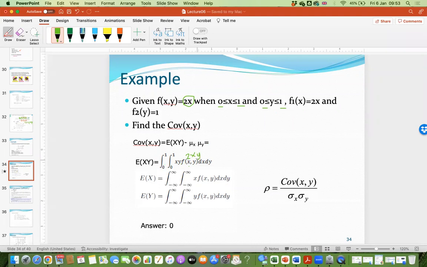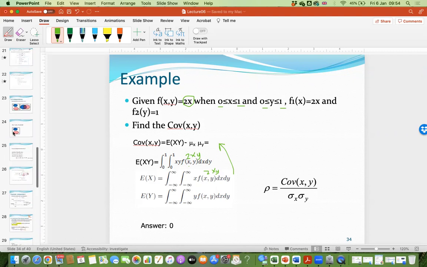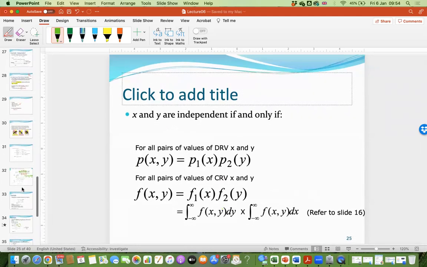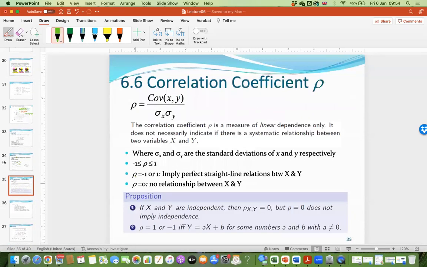In order to find your mean x, it's 2x, y, same thing with this. Once you get the answer, you put it inside. If they are zero, they are a weak relationship. I wouldn't say they are independent unless you test with this equation. Okay? Clear enough? Okay.